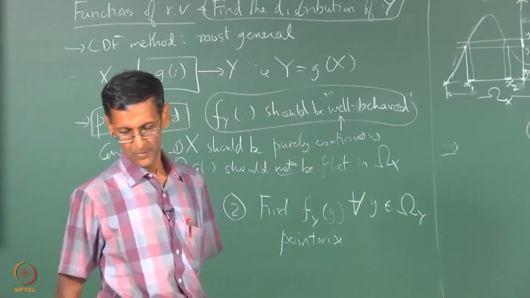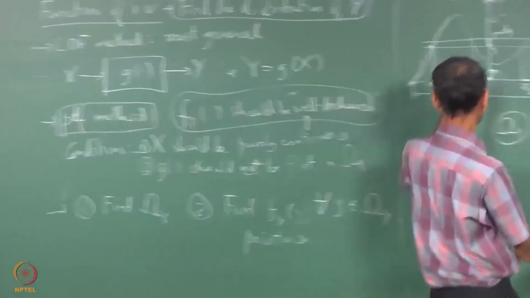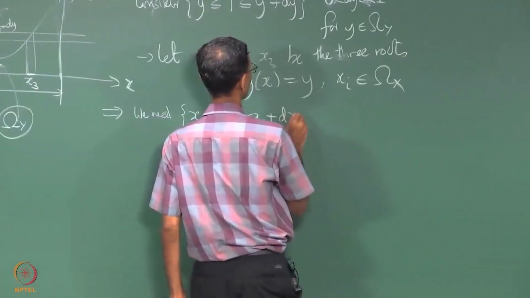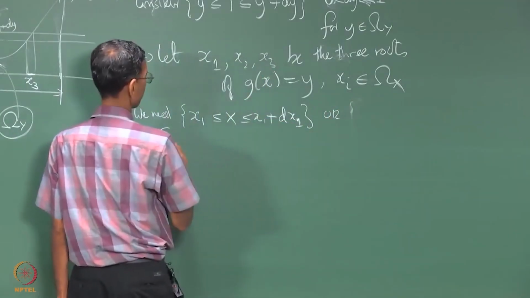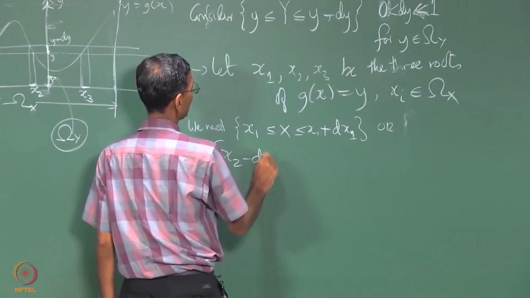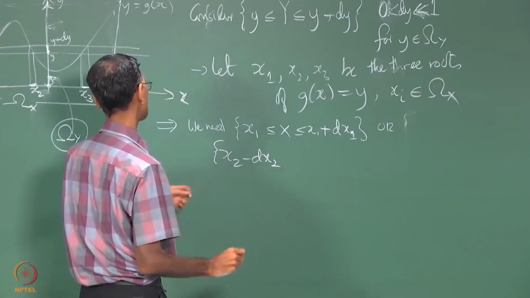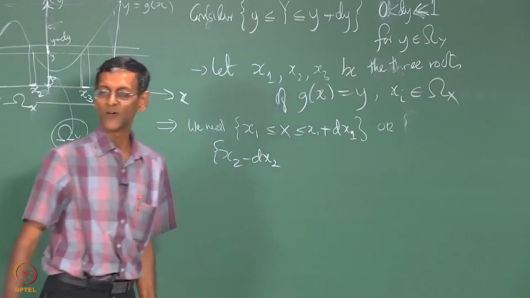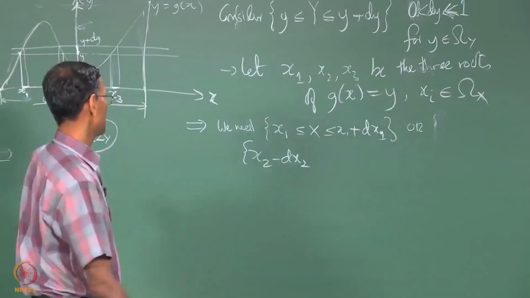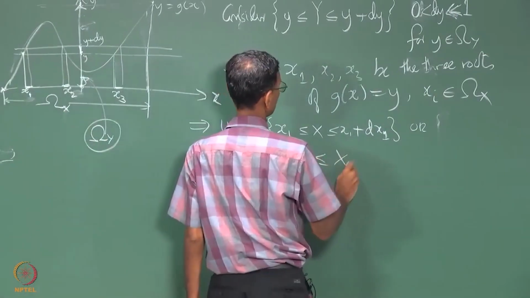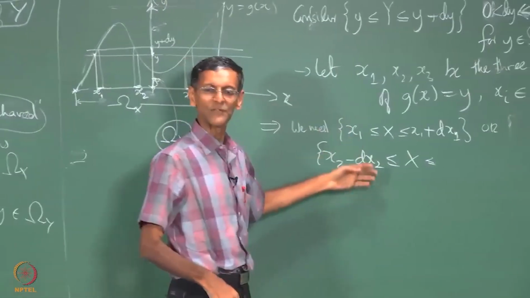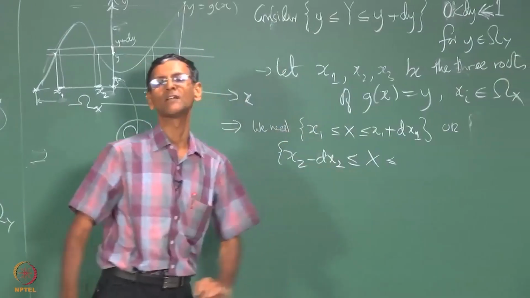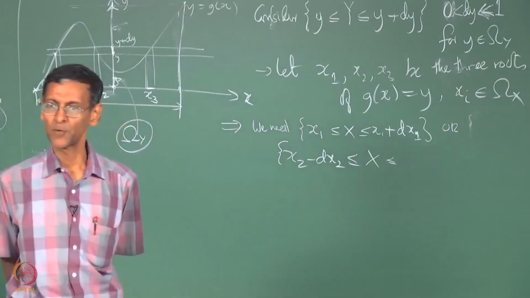Now of course you can't assume that all three are okay, let me write it with respect to this particular diagram. I will write x2 minus dx2 to keep dx2 positive, because the function is decreasing at x2. This is right. After all, there is no loss of generality in saying I look at the function and see what sign I have to give for the dx at that point.